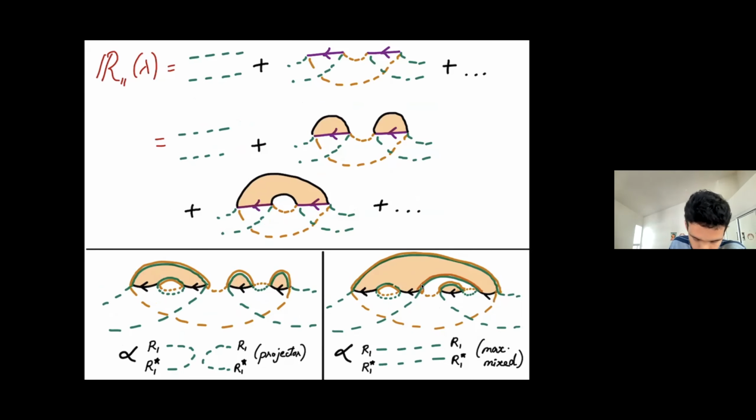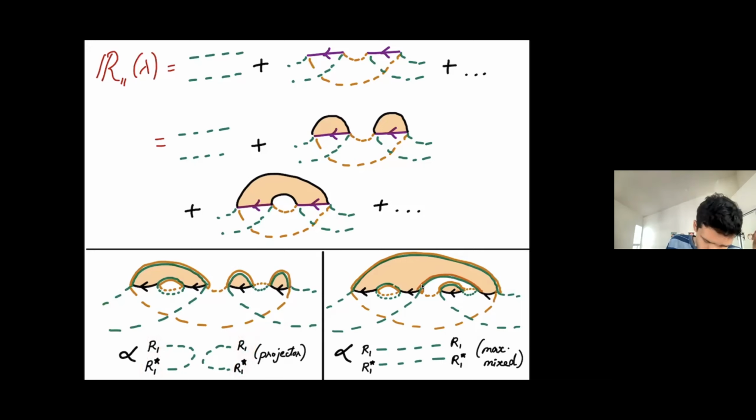The important point will be that as long as they're disconnected, what we care about is the pattern of the green indices. So the green indices here, you can see, follow this pattern and this pattern. So in the end, they're proportional just to this projector. So remember that these ends were R1 and R1 star, and this is R1 and R1 star bra.